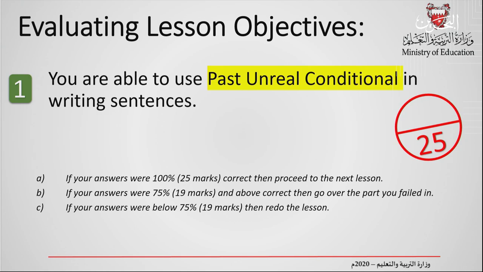If you have finished the lesson with 100% correct answers, that means 25 marks, then you can proceed to the next lesson. If you have 75% correct answers and above, that means 19 marks and more, you can go over the part you failed in and redo it. If you have 75% or lower, that means 19 marks and below, then redo the whole lesson.